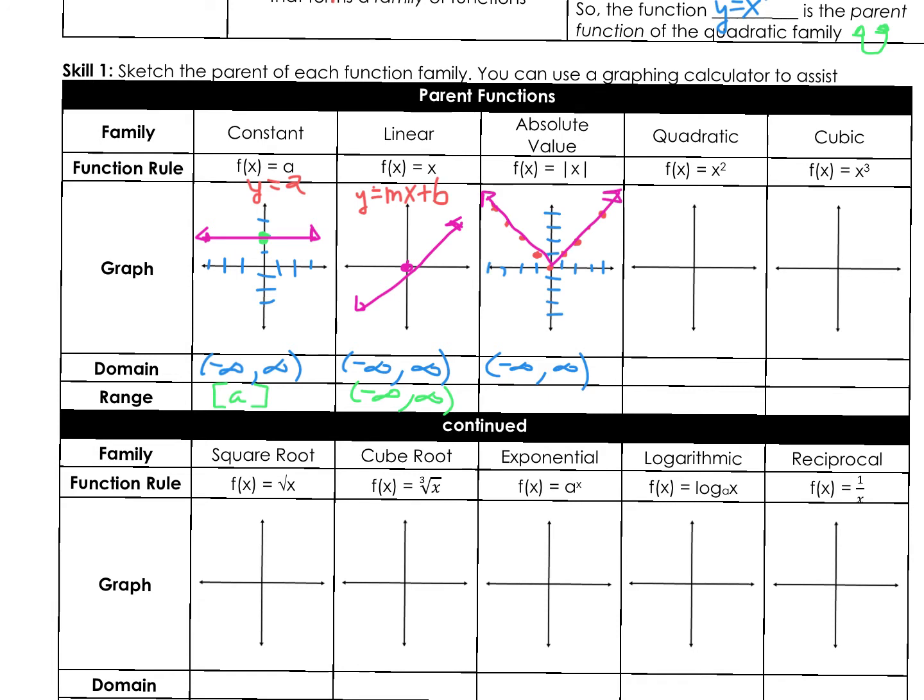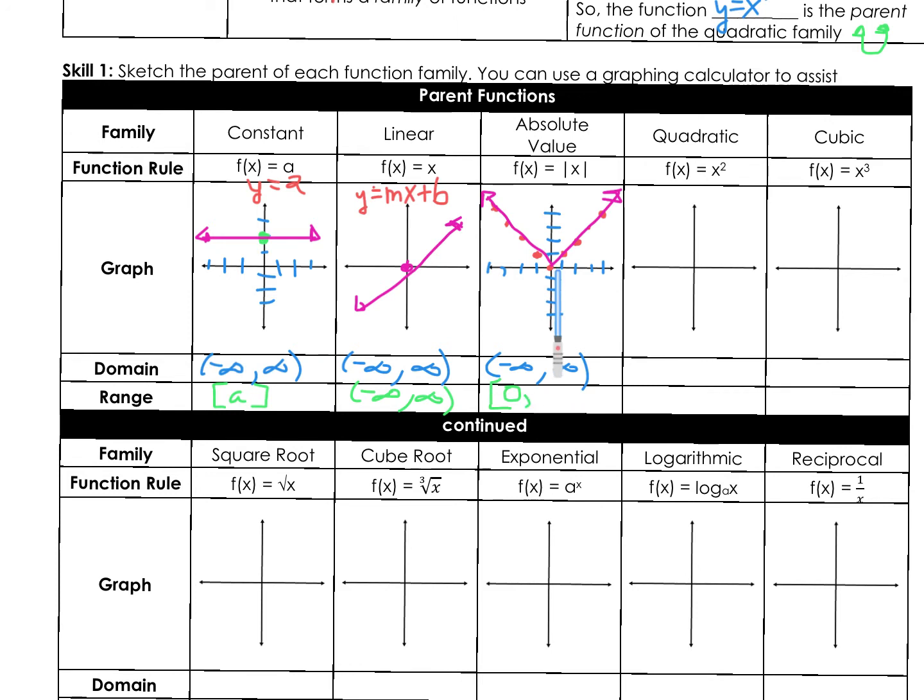But our range, we have to start low and go high. The lowest part of the graph we reach is here, and the y value of that point is 0. So our lowest y value starts at 0. And because 0 is a y value in one of the ordered pairs on the graph, it is included. So since 0 is included, we have brackets and then comma.